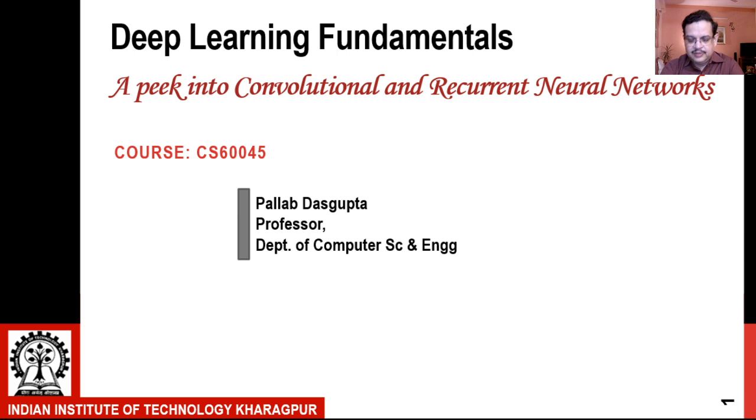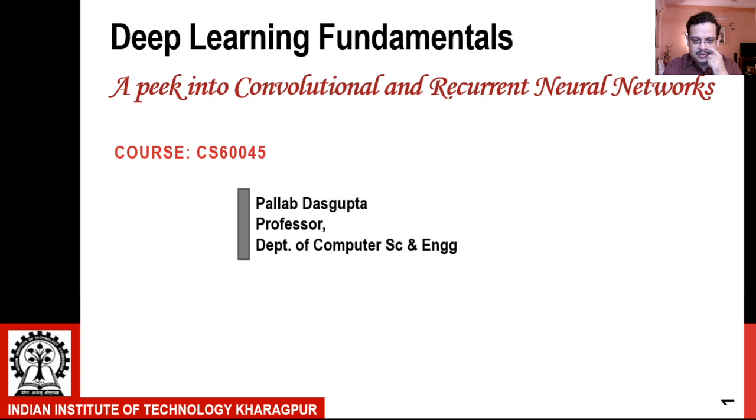In this lecture we will take a peek into two of the most popular types of learning networks, in terms of their structure and in terms of the type of functions that they attempt to model. Namely, we are going to look at convolutional neural networks, which are popularly known as CNNs, and recurrent neural networks, which are RNNs.